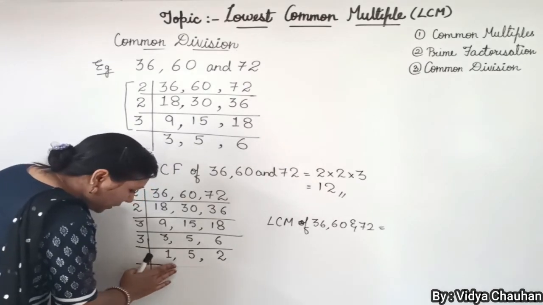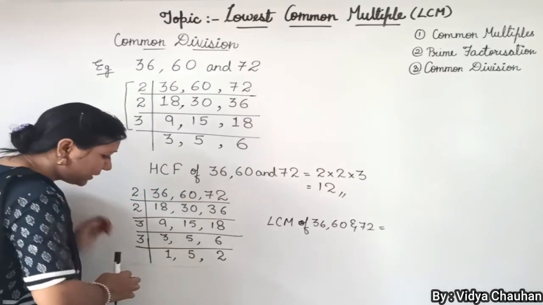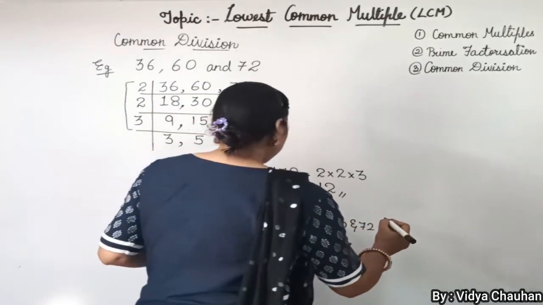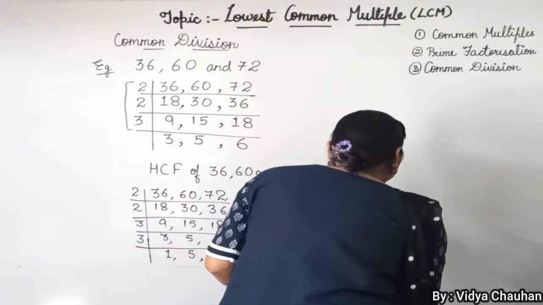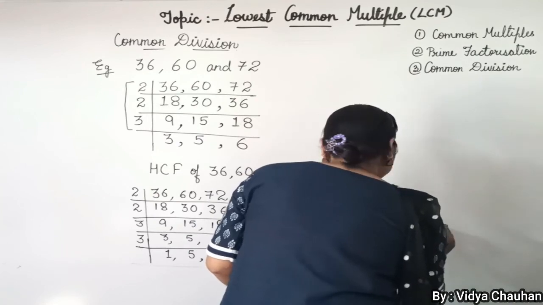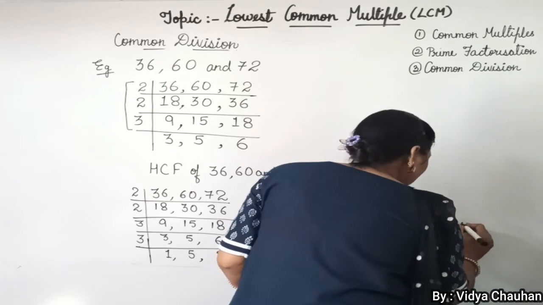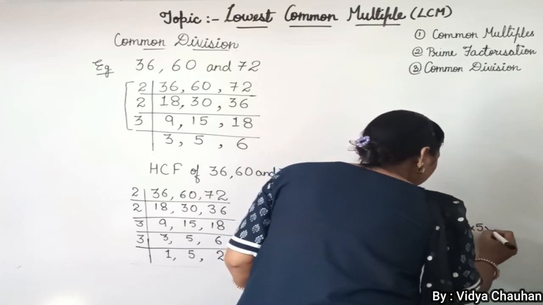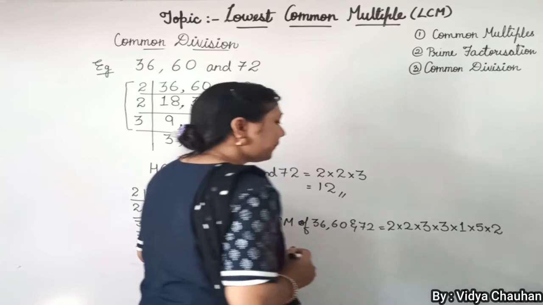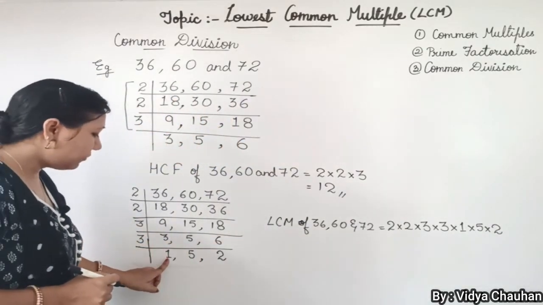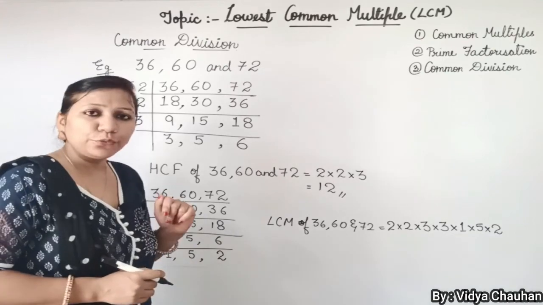So if I remove this portion, you can see this is our last setup. Now let's write the values here. That will be 2 multiplied by 2 multiplied by 3 multiplied by 3 multiplied by 1 multiplied by 5 and multiplied by 2. Clear, students? 2 times 2, 2 times 3, then 1, 5 and 2.